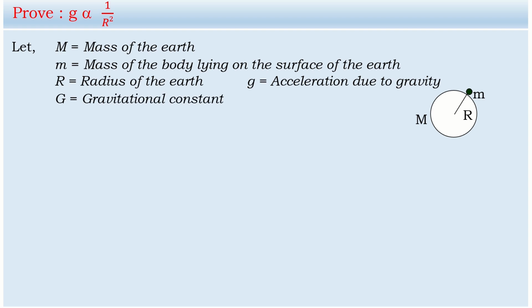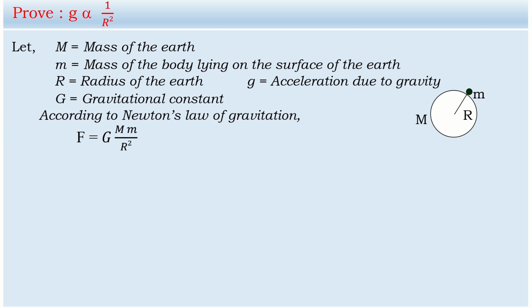Capital G is certainly the gravitational constant. Now according to Newton's law of gravitation, F is equal to G M m by r square. The distance between them is r, that's why d square becomes r square, and the mass of the first body is capital M and the second body is small m, that's why capital M and small m are written in the formula. This is equation number 1.